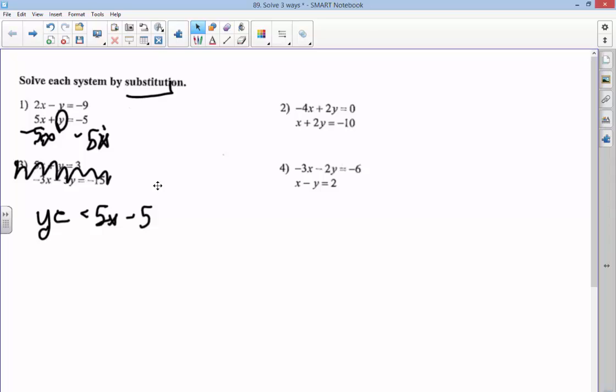Okay, so this negative 5x minus 5 is going to go into the top equation for y. That's your substitution piece. Now the only trick here is this negative.